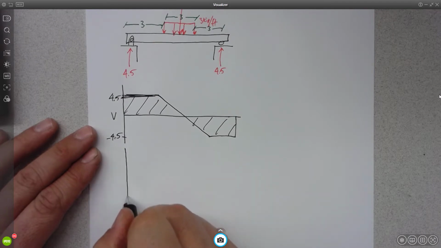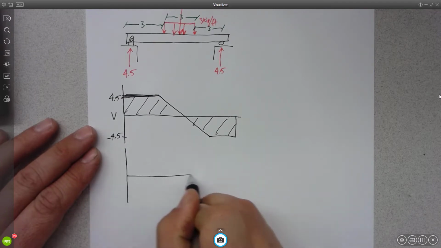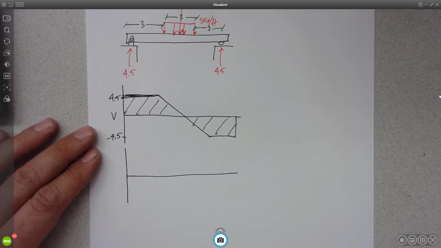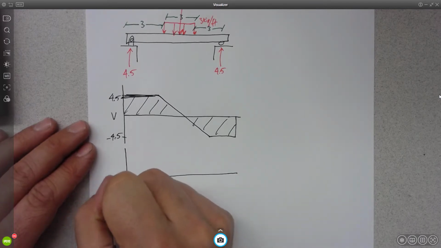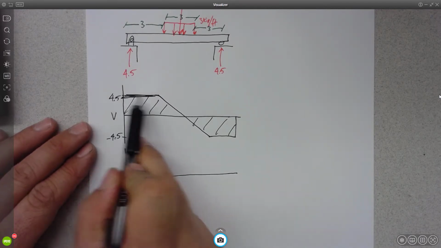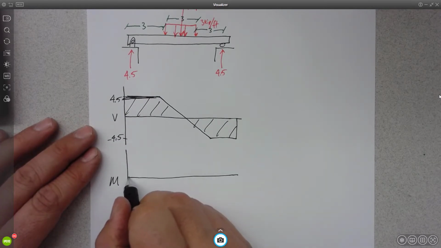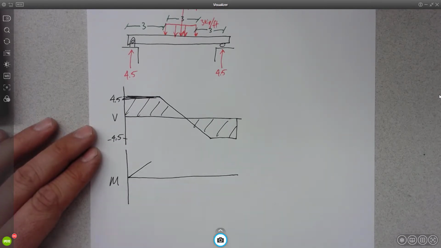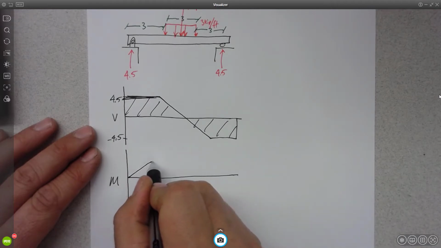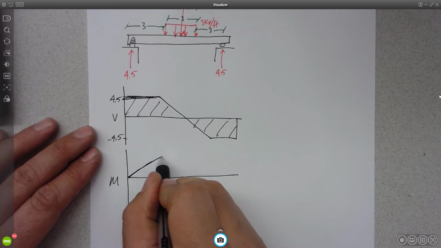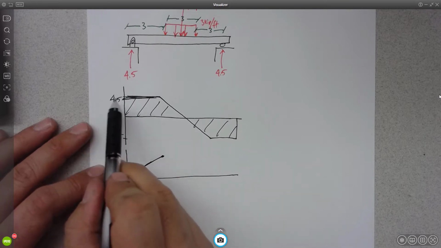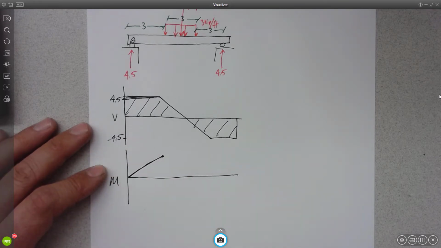And then I can do the same thing for moment. But now I look at the moment and I say, okay, I have a constant positive slope of 4.5. So it's going to go out to a constant slope, so a straight line. The change would be 4.5 times 3, 13.5.